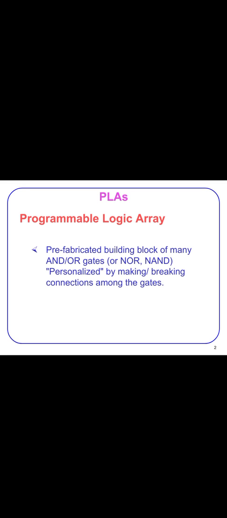First is the programmable logic array, which can implement massive functions. In the PLA, the building blocks are two gates, the AND gates and OR gates, and also the basic gates, the NOR gates and the NAND gates, which make the functions by connecting gates.